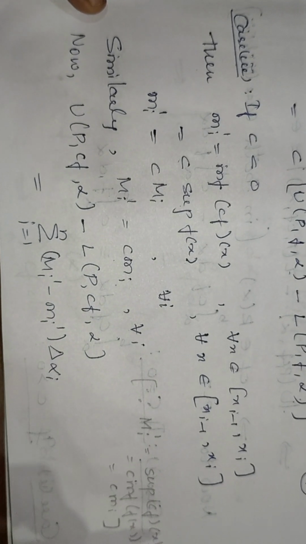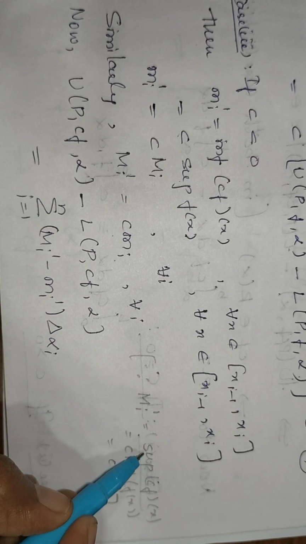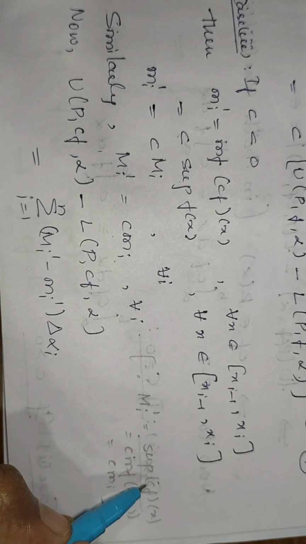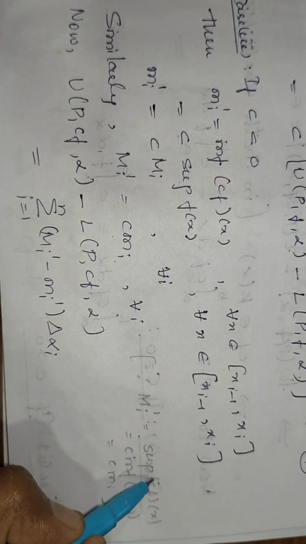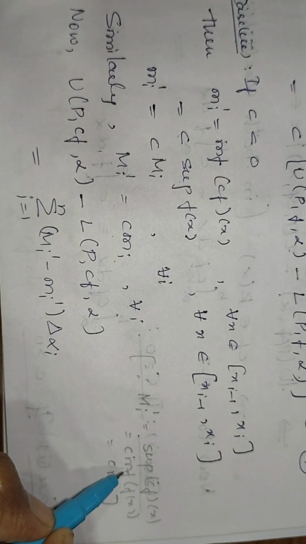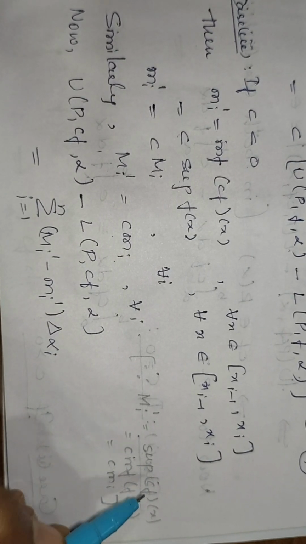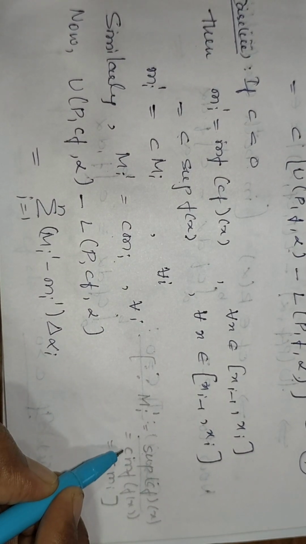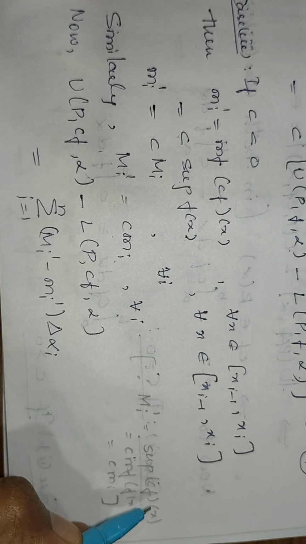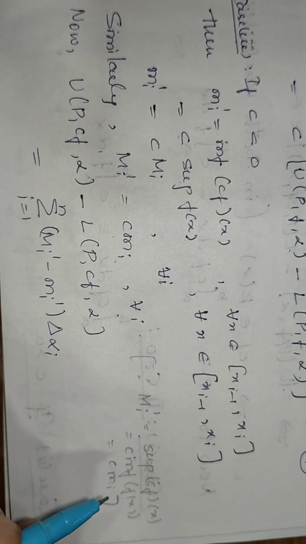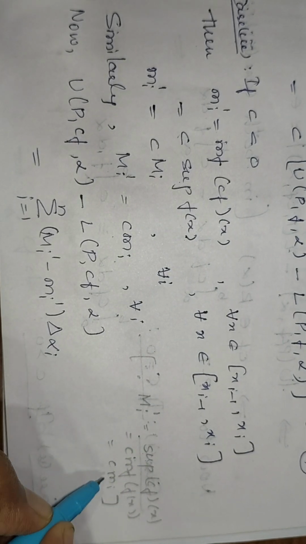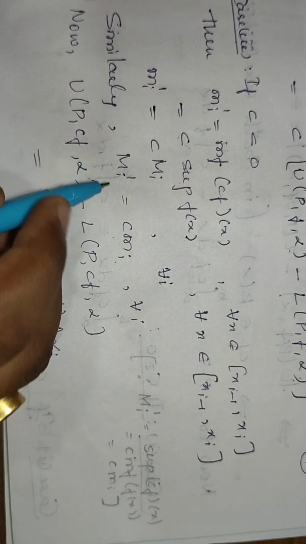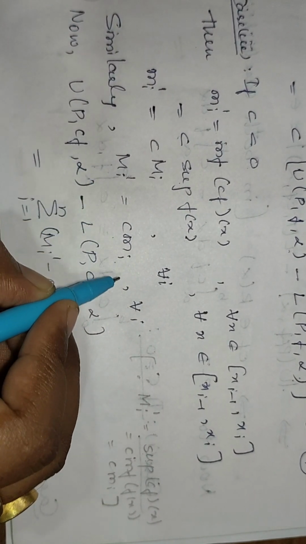Because capital Mi dash is equal to the supremum of cf(x), and if I take the c outside, the supremum will become an infimum, because c is negative here. So the infimum of f(x) multiplied with c gives you the supremum of cf(x), and this infimum of f(x) is nothing but small mi. So I have written capital Mi dash is equal to c mi.